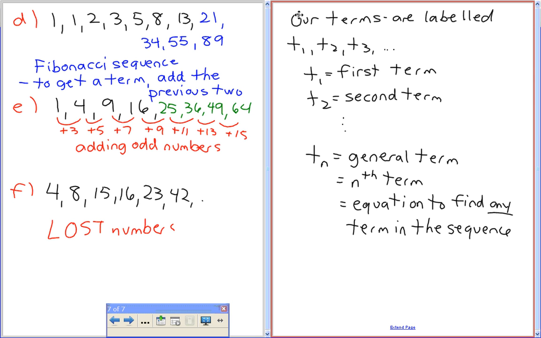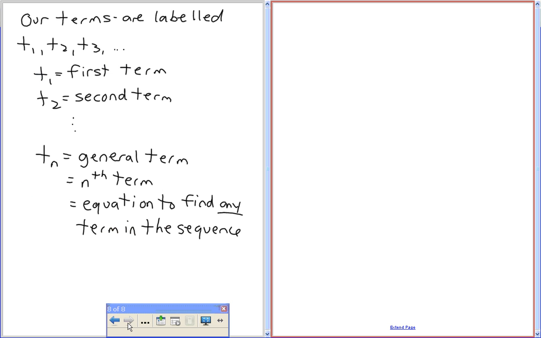Okay, so I'll do example 2. Example 2 says, determine the first 4 terms in each sequence.